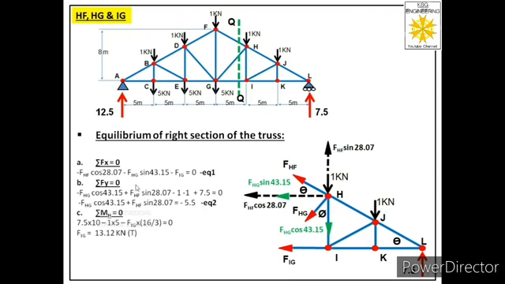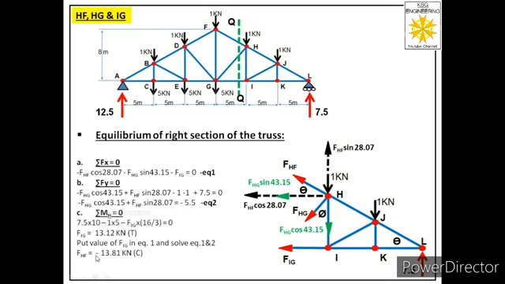So we will get two equations having the same two unknowns, so we can solve them easily. We will put the value of FIG in equation 1 and solve equation 1 and equation 2, and we will get the value of FHF as minus 13.81 kilonewtons.